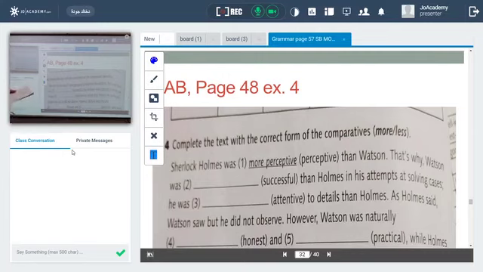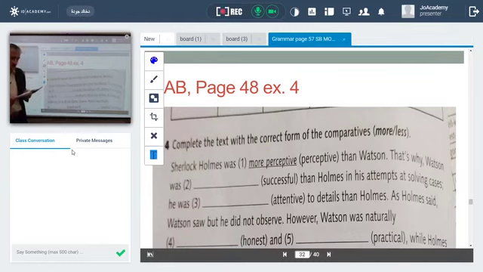Okay, in this activity book, look at exercise number 4. Here we have to fill in the blanks. Complete the text with the correct form of the comparatives, more or less. Here we have to put more or less with the adjective because they are long adjectives. The first one is done for us.